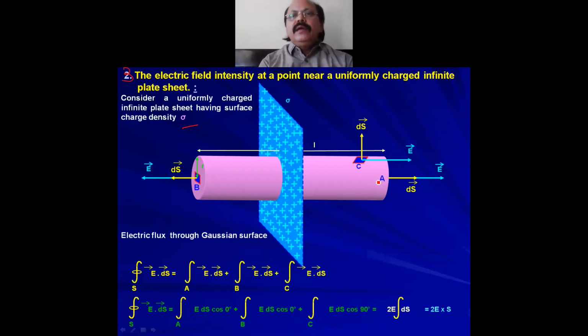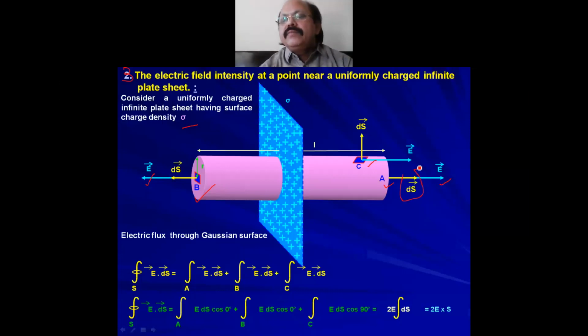Then again we have to take the two flat surfaces of this Gaussian surface, that is A and B, and the curved surface we take C. So at flat surfaces A and B, direction of electric field is radially away. Drop the normals outward, then the direction of electric field intensity and the area vector is in the same direction.